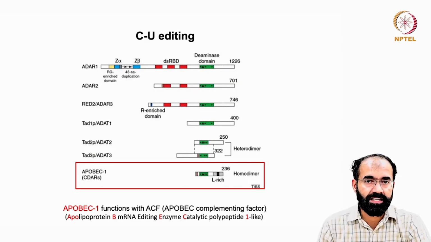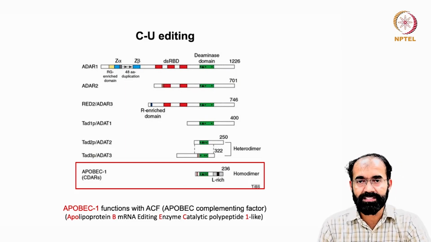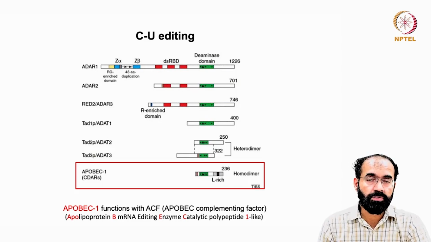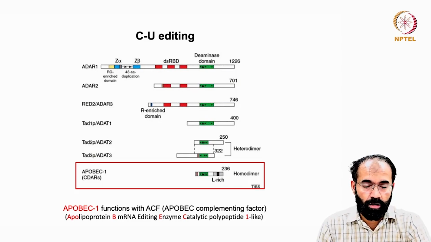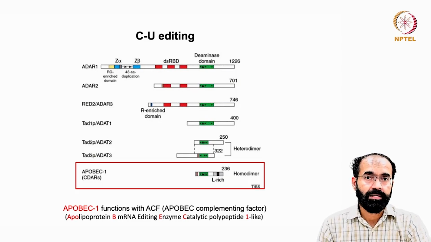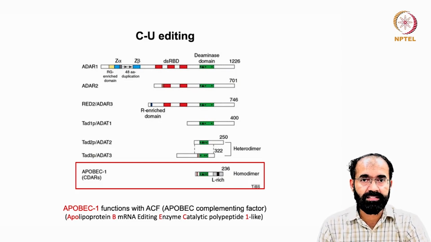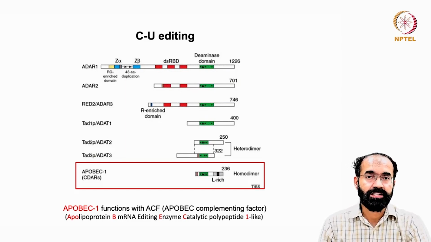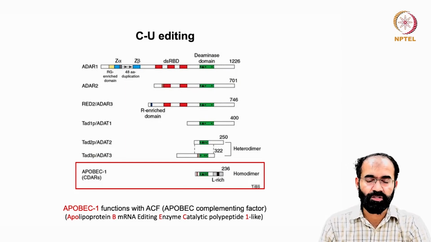APOBEC is a well studied molecule, it has huge implications, it is important in RNA editing and it also helps in a lot of other unrelated functions, in the sense that it is made use of by various viruses for their own benefit, etc. So we will see them with some examples in detail.